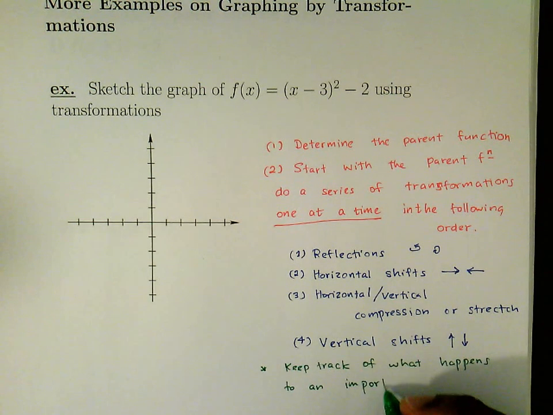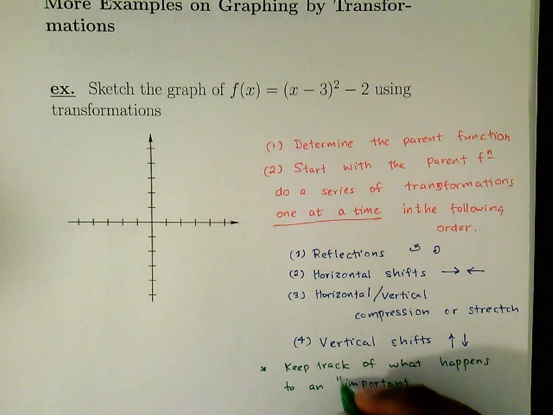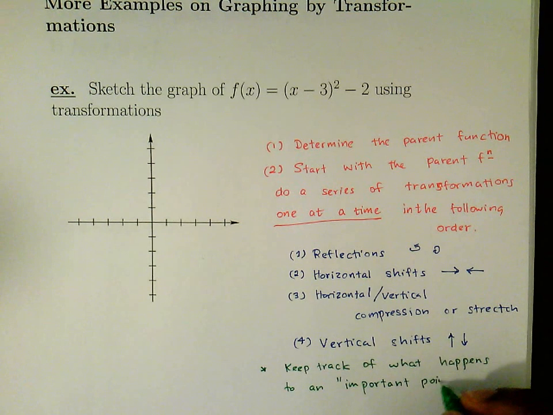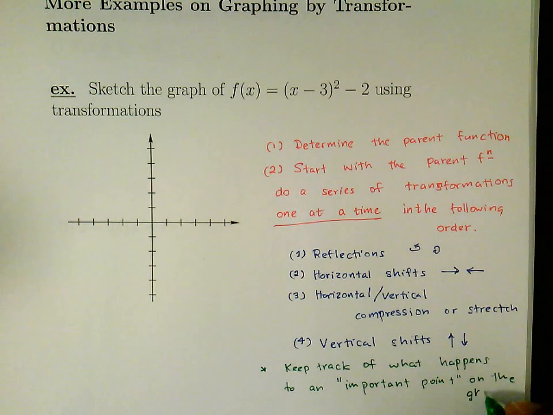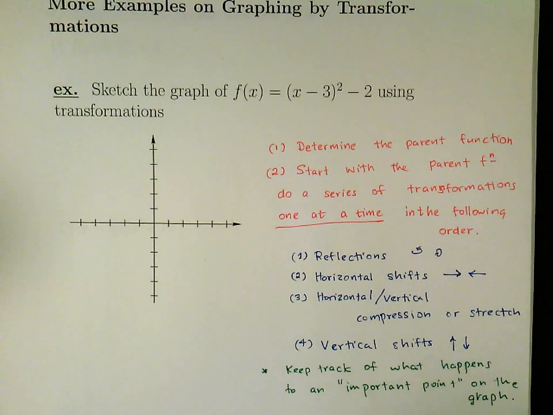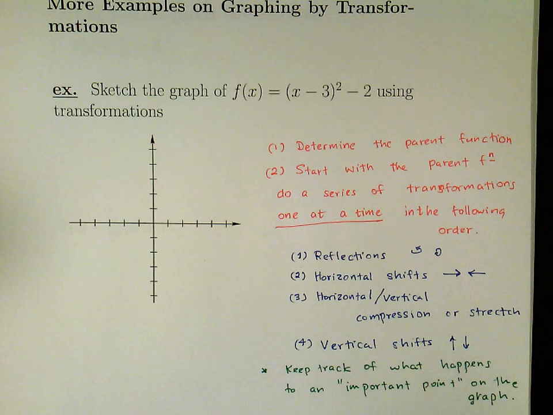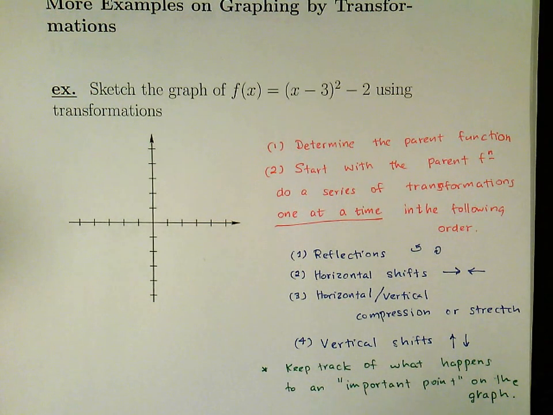Now that is a very vague thing, an important point on the graph, but you can sort of understand it. Let's say if we are doing a parabola, the important point would be the vertex. So keep track of how the vertex moves when you do all those transformations.